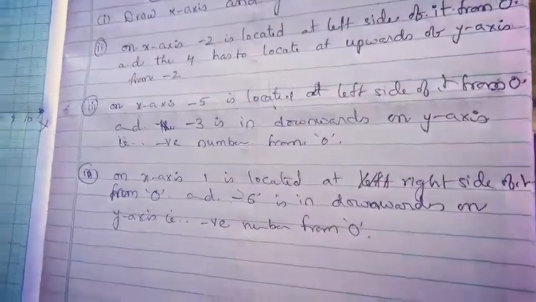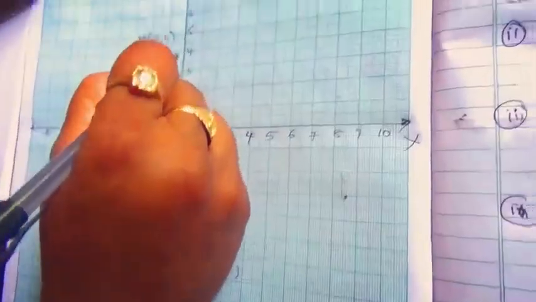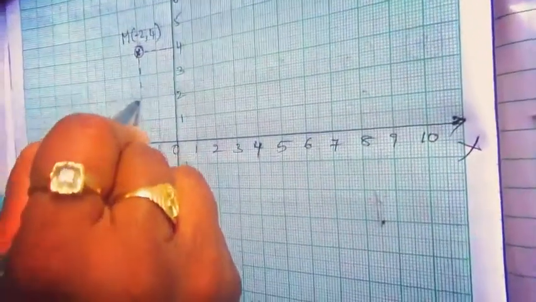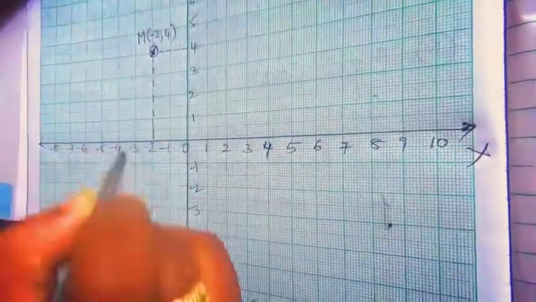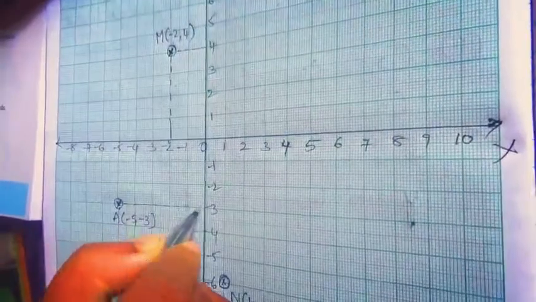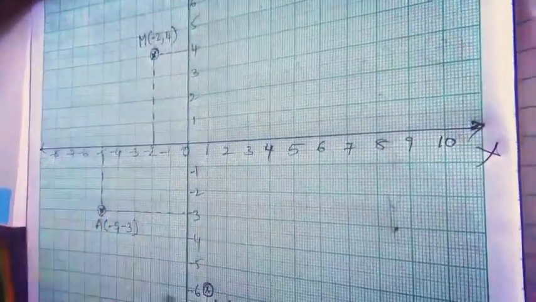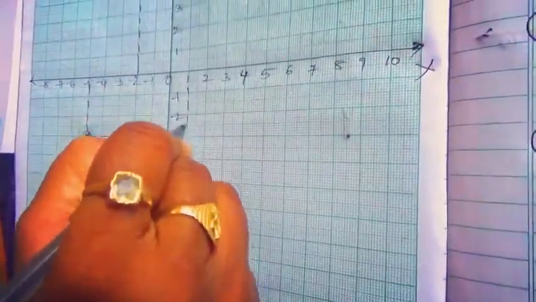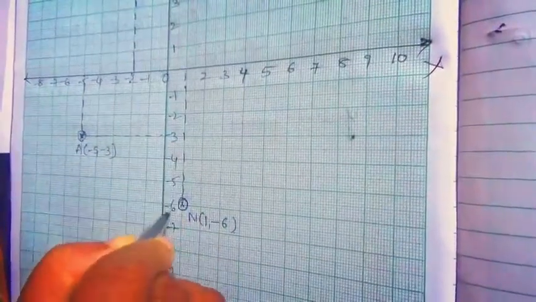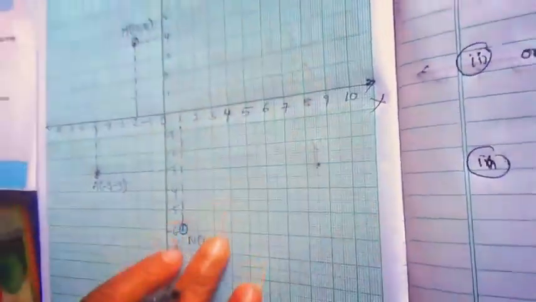After that you just join this with a scale towards the x-axis and y-axis, just like this one. Here we finished this graph.